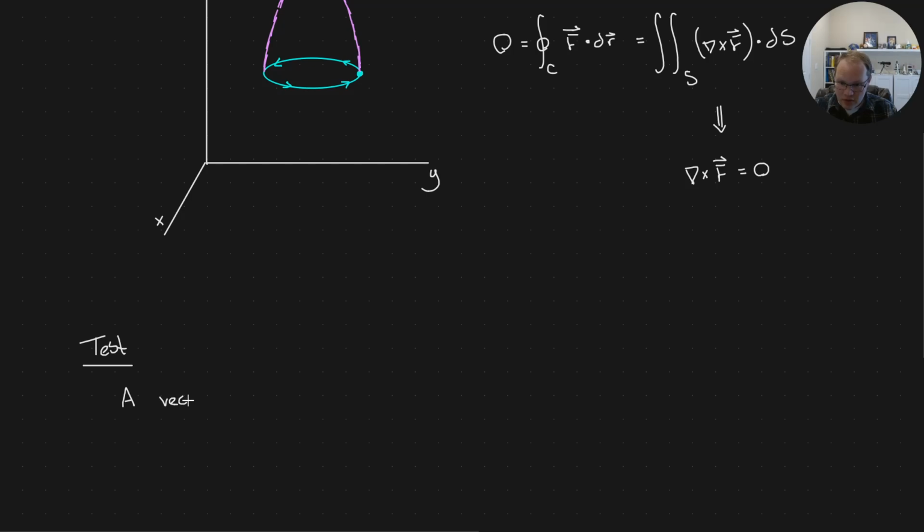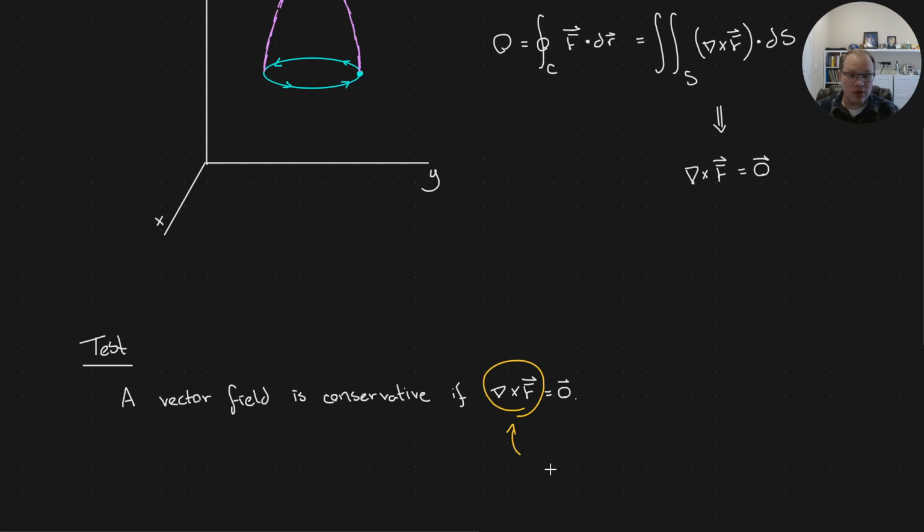A vector field is conservative, that means it'll be path independent, if the curl of the vector field is 0. Should probably write that as a vector. Okay. Now here, this applies to any vector field.